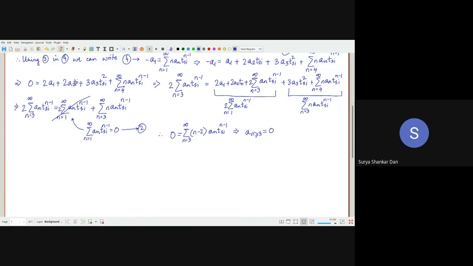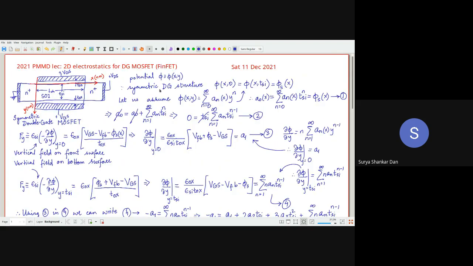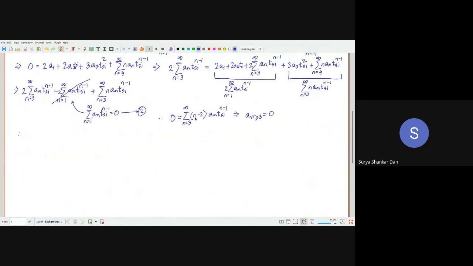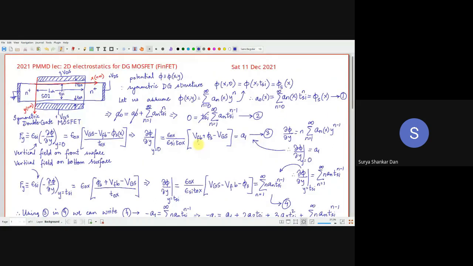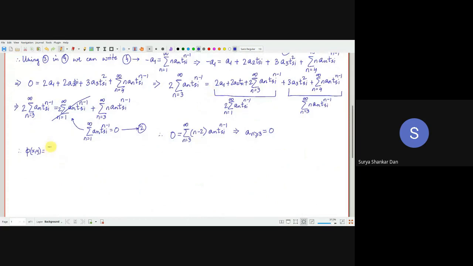Got it? Therefore, what does it mean? Therefore, the electrostatic potential function that we had taken here, mathematically we have proven that phi(x,y) is equal to, using the electrostatics we have understood that n equal to 0 to infinity, we can again write the same thing. n equal to 0 to infinity, that is a generalized term, but always remember that a_n for n greater than or equal to 3 is always 0.